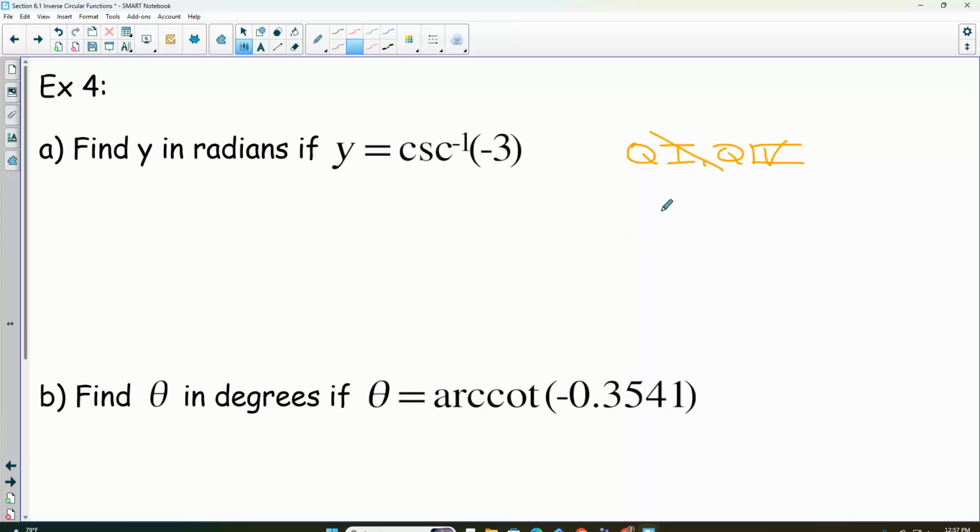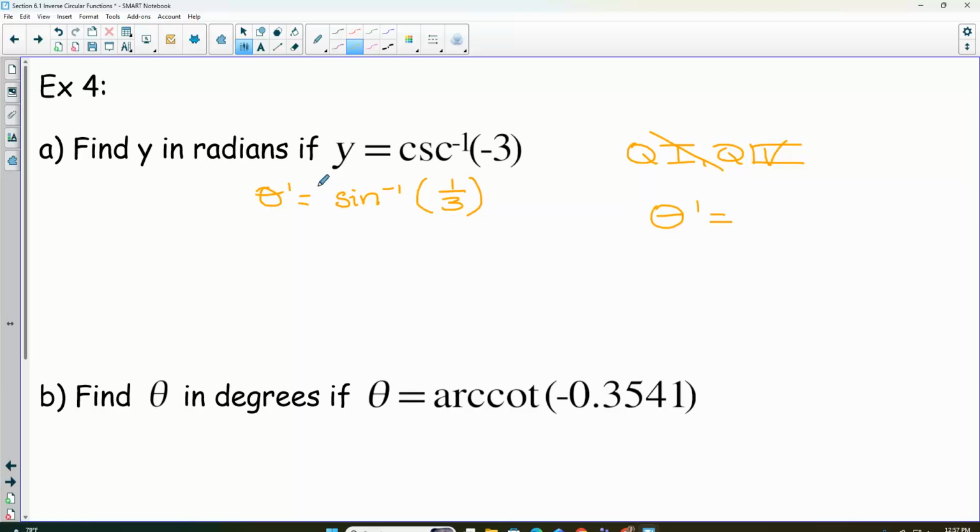If it's negative, I need the answer in quadrant 4, but we are going to get the reference angle. To do that, we do not have a cosecant button. So what we will do is sine inverse of, not -3, what would I have to do if I'm doing sine? 1/3. Okay, I'm going to do a positive 1/3, so it'll give me my reference angle.